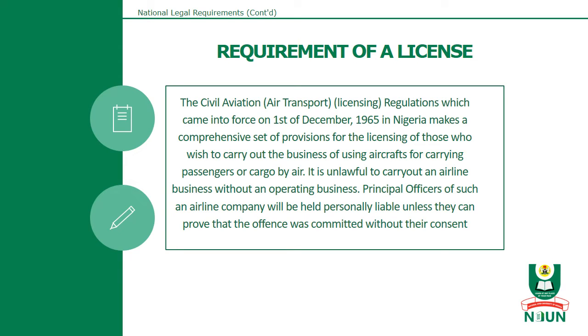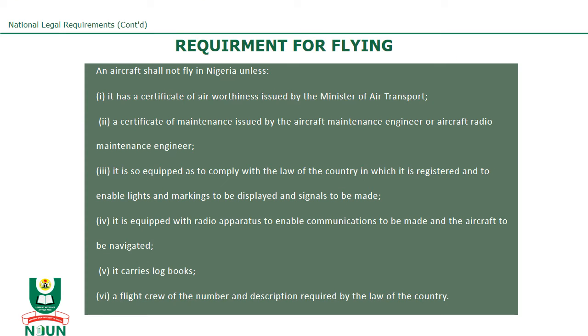It is unlawful to carry out an airline business without an operating license. Principal officers of such an airline company will be held personally liable unless they can prove that the offence was committed without their consent. The requirement for flying: an aircraft shall not fly in Nigeria unless it has all the following.